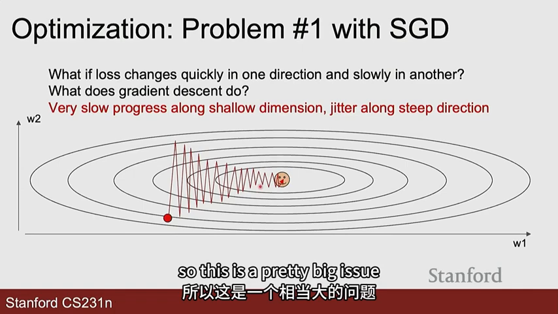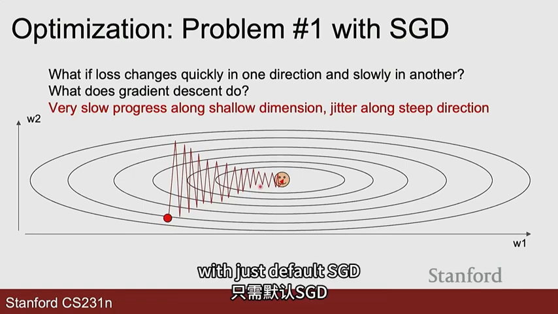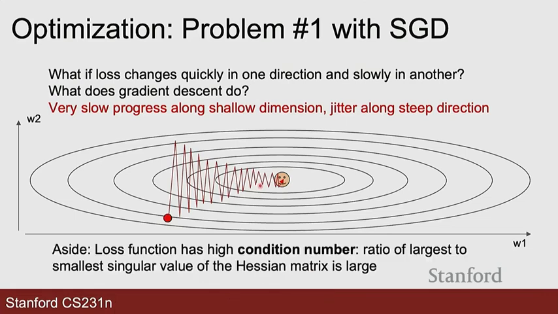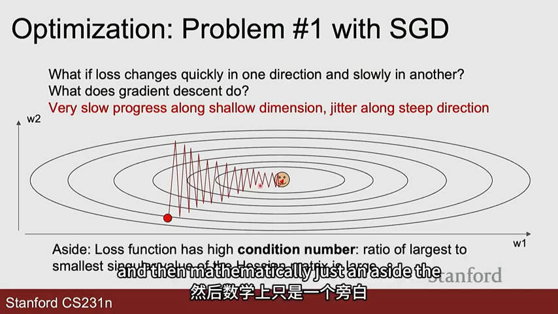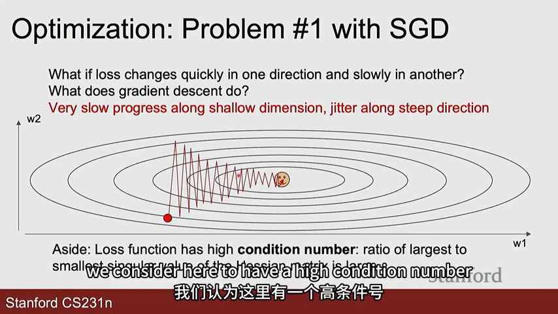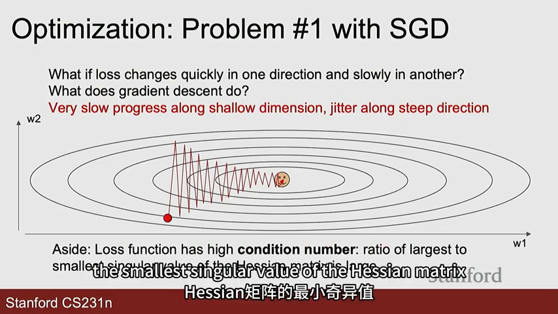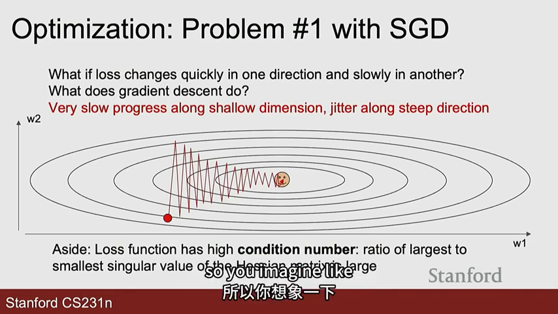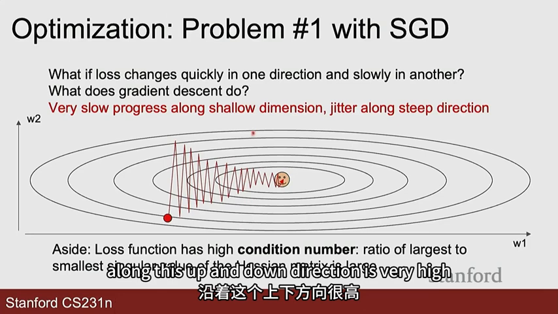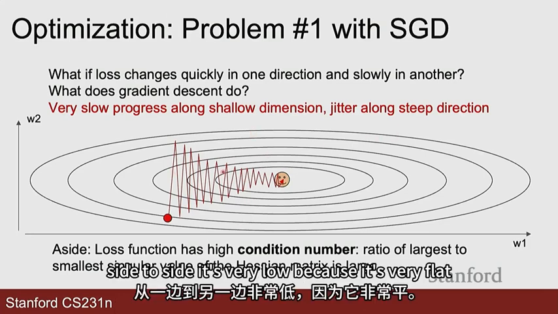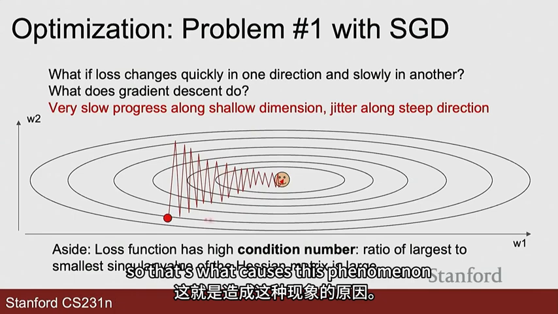So this is a pretty big issue with just default SGD. And mathematically, just an aside, the loss function we consider here has a high condition number, which is the ratio of the largest to smallest singular value of the Hessian matrix, which is the second derivative. You can imagine the second derivative along this up and down direction is very high, but side to side it's very low because it's very flat. So that's what causes this phenomenon.